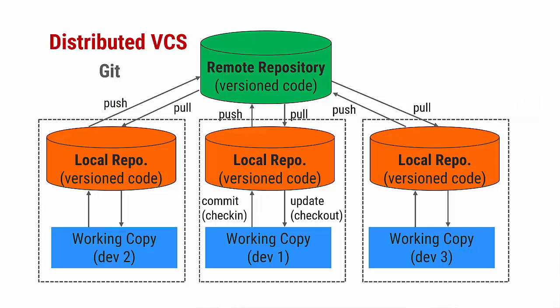And when you regain access to internet, then you can sync those changes with the remote centralized repository, right? So that's one of the benefits of using a distributed version control system.